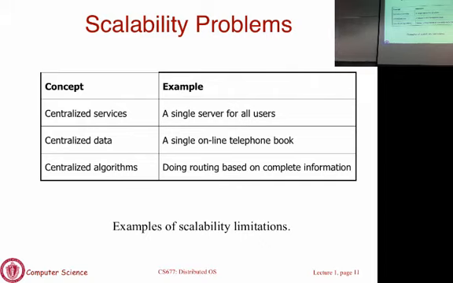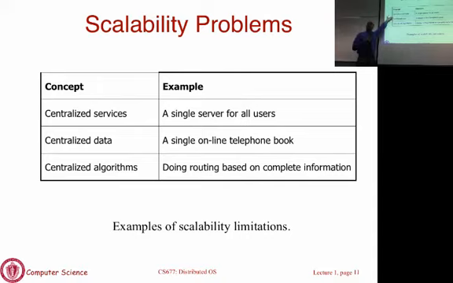Now let's talk a little bit about scalability. Here we are going to ask the question, what's the fundamental difference between a centralized system and a distributed system from a scalability perspective. When you say centralized system, there are two or three different ways in which your system may be centralized.